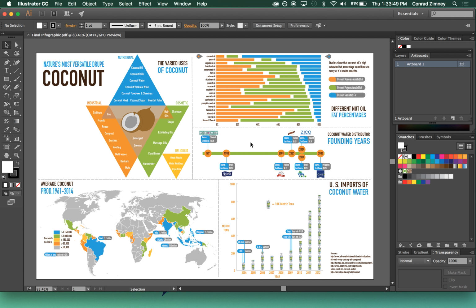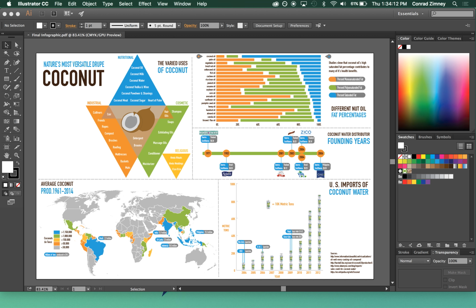They trigger the association of a coconut. The brown is an actual coconut. The green is life and trees and plants. The blue is like coconut water, hydration, refreshing. And the orange is a color you might associate with tropics or tropicalness, which is what you might associate with a coconut.